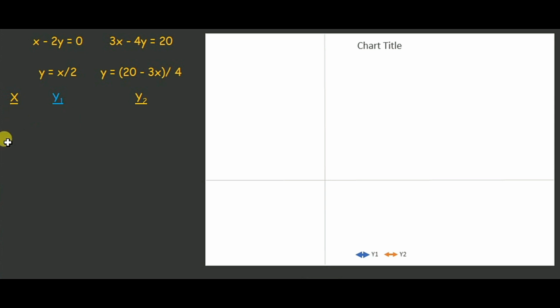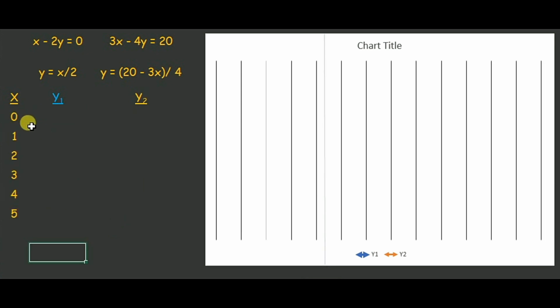Now let's take some x values, which will give me a y value from this equation and a y value from this equation. These y values, I'll call them y1. These y values, I'll call them y2. I have taken the smaller values 0, 1, 2, 3, 4, 5 for x.